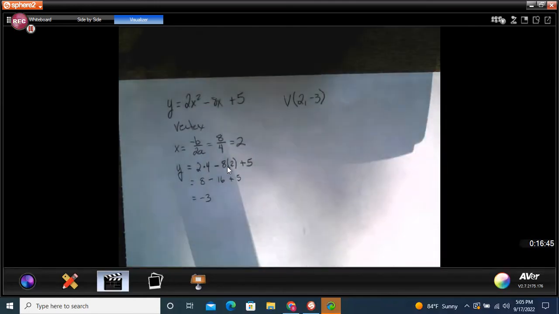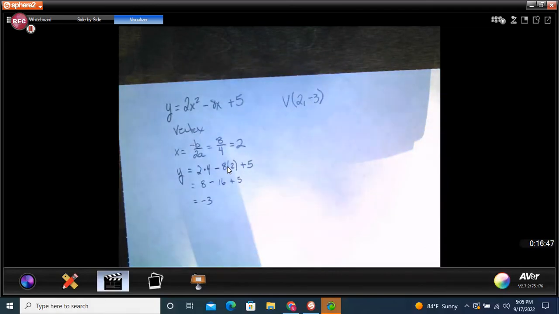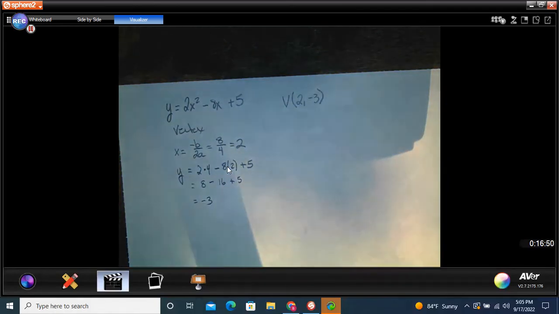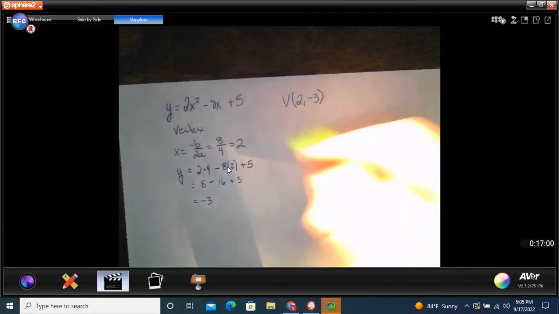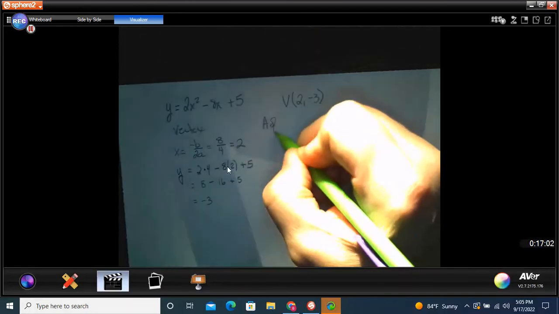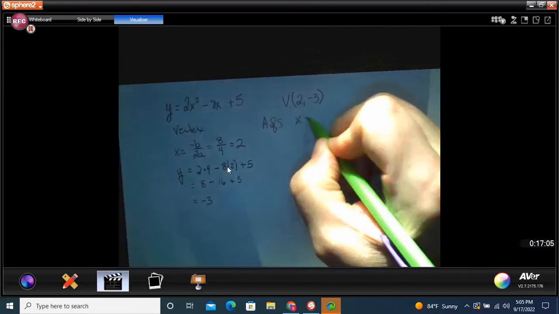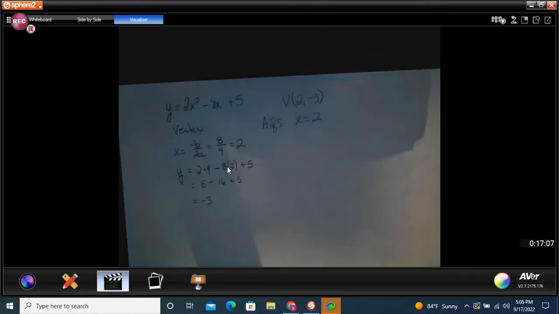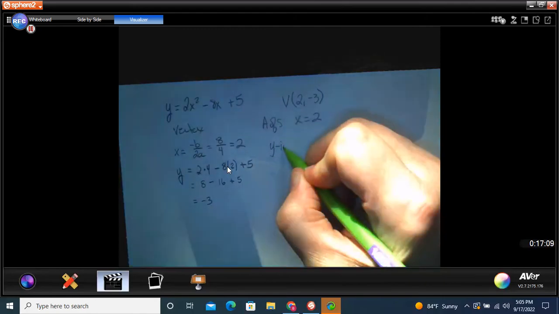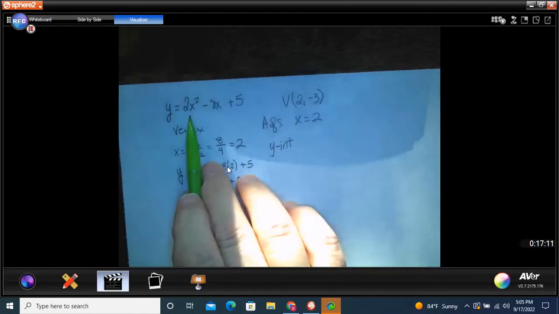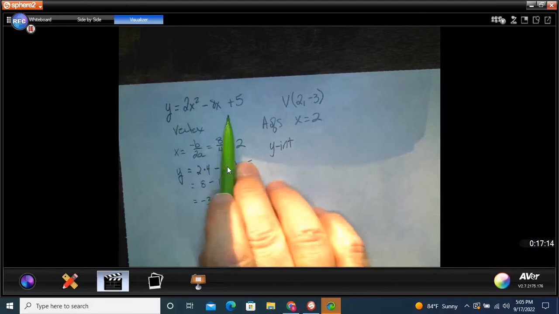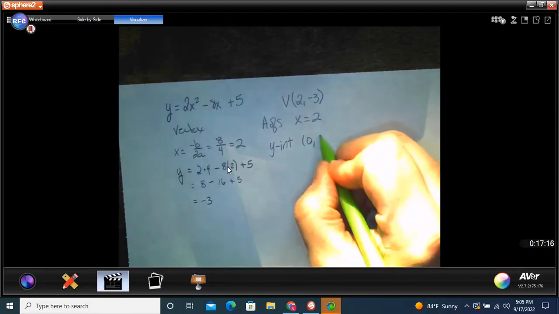My axis of symmetry is x equals 2. My y-intercept, that's when I let x be 0. So if x is 0, I get 0, 5.